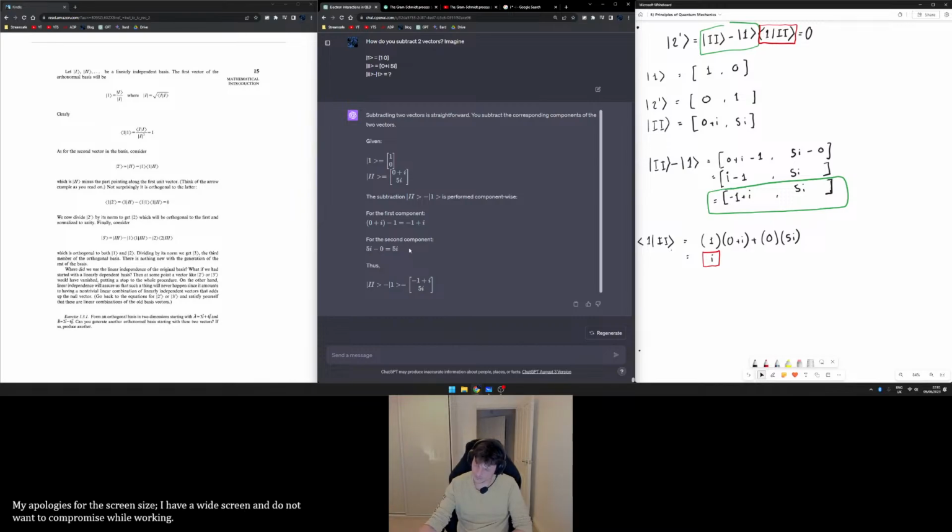Blue. Let's do these together. And so this will be minus 1 plus I squared, and then 5I squared, which equals minus 1 times minus 1 is 1.